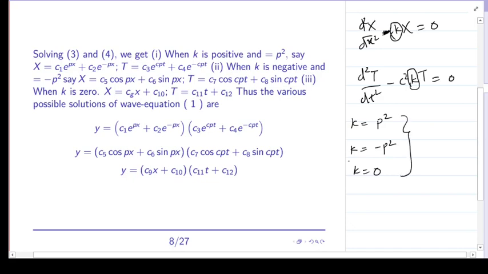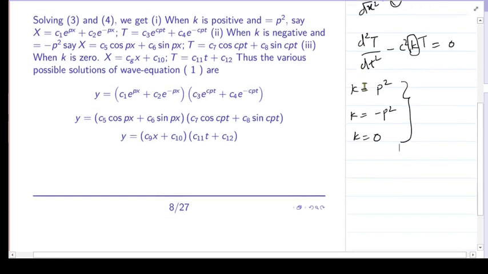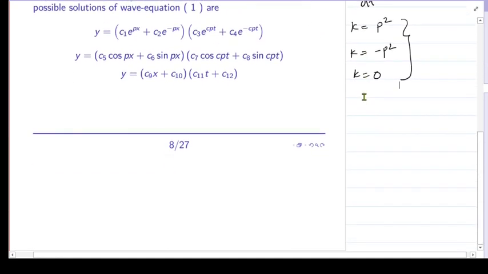First of all, when we take k equal to p square, we have d square X by dx square minus p square X is equal to 0. We can convert this into the auxiliary equation m square minus p square equal to 0.